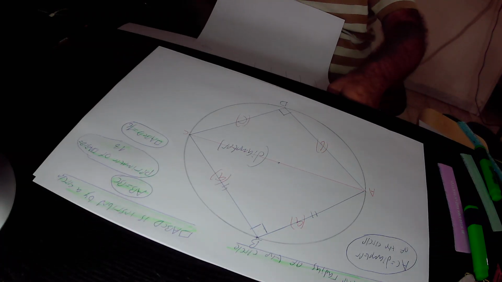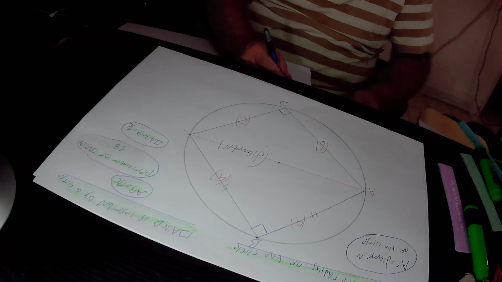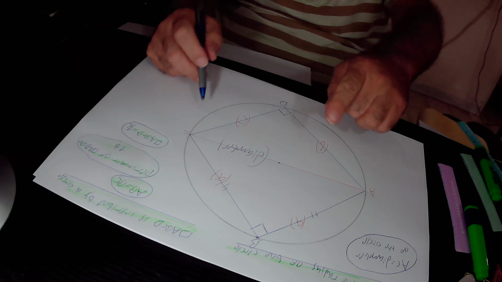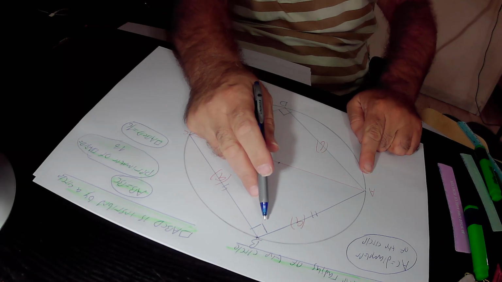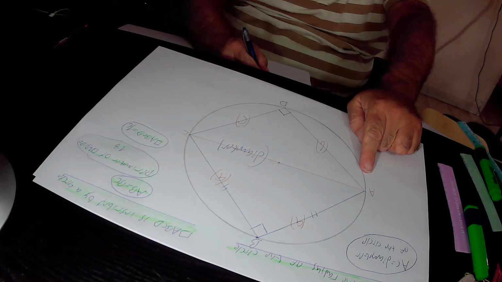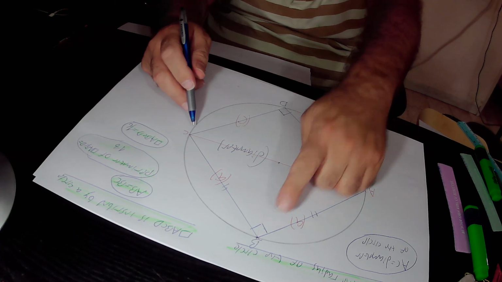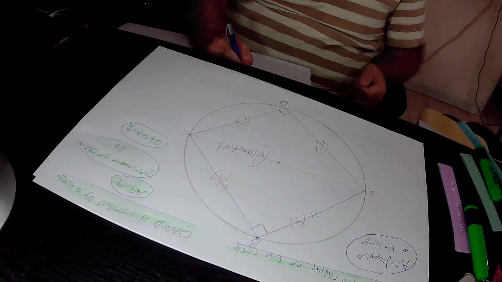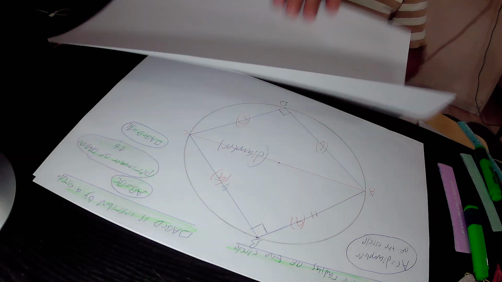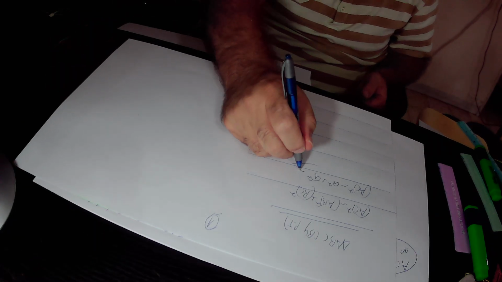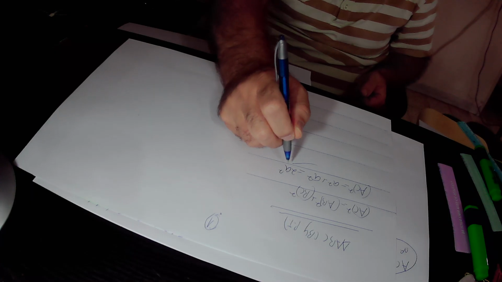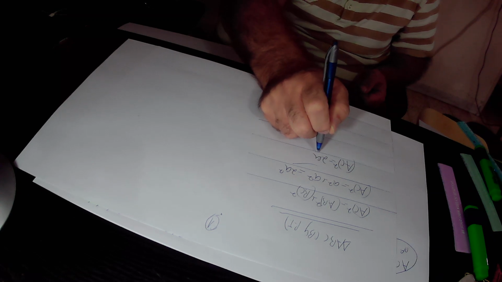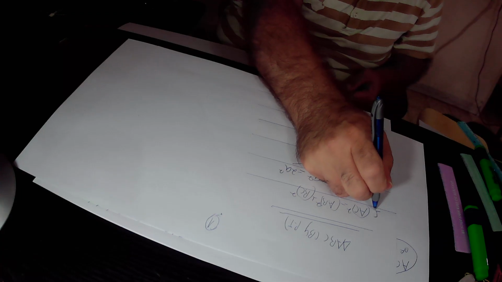AC is the missing side, so we leave it as it is, so it is AC squared equals AB squared. AB is A, therefore AB squared is A squared, plus BC squared. BC is also A, so BC squared is A squared. So in total we found out that AC squared equals A squared plus A squared, that is 2A squared. So AC squared equals 2A squared. This is according to equation 1.